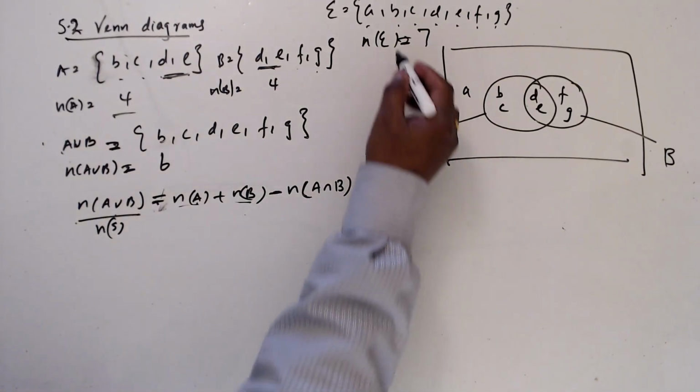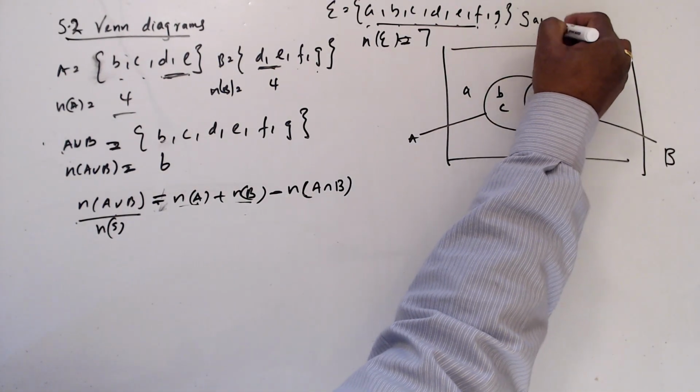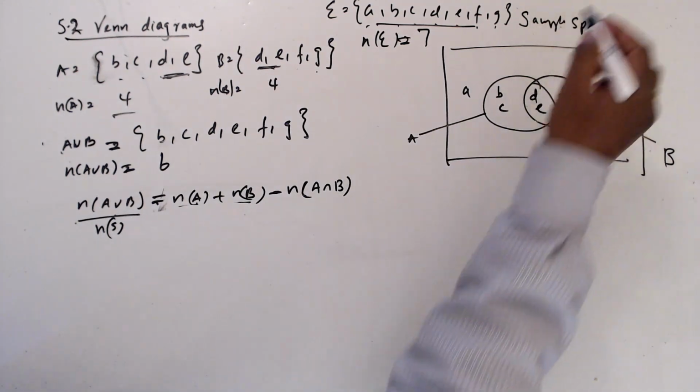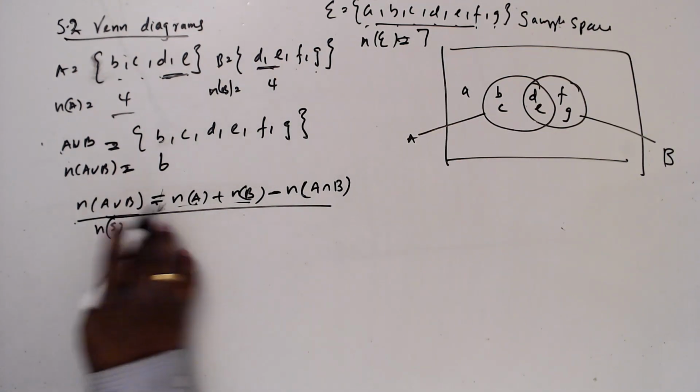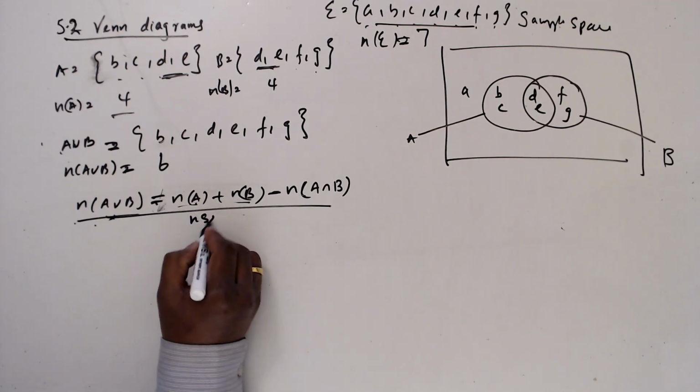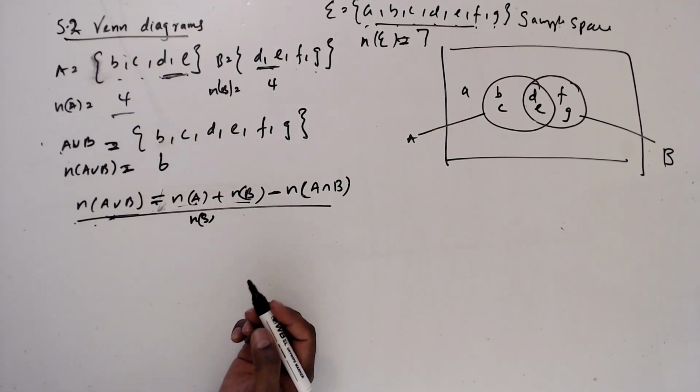This is the sample space. I divide all the equation by the total number of elements.